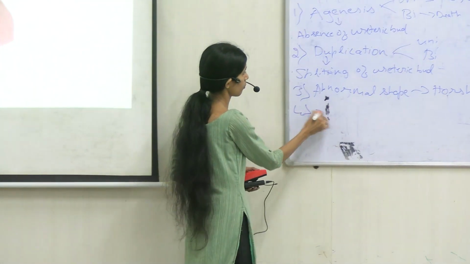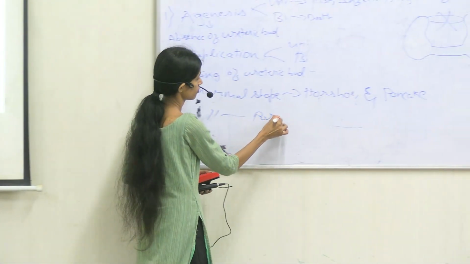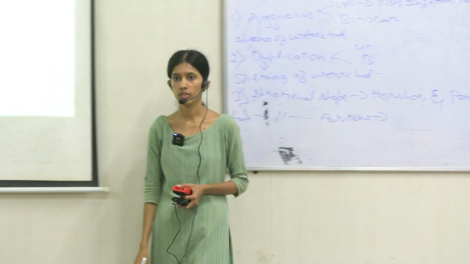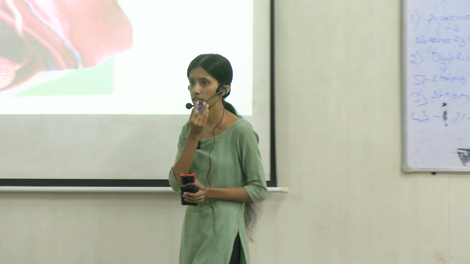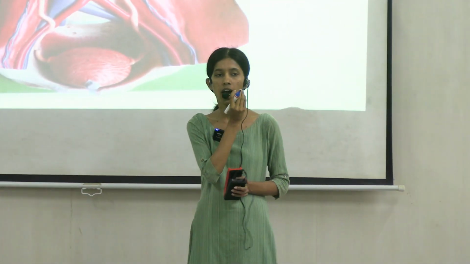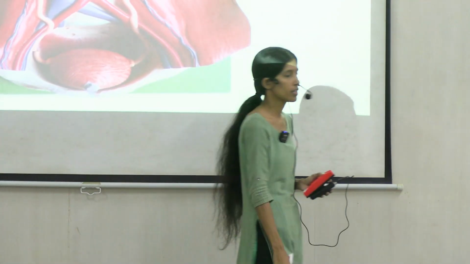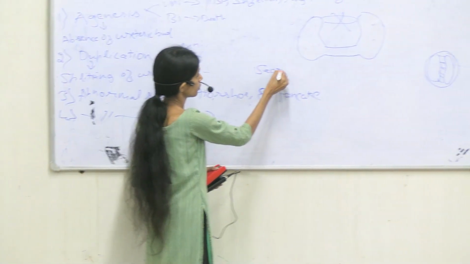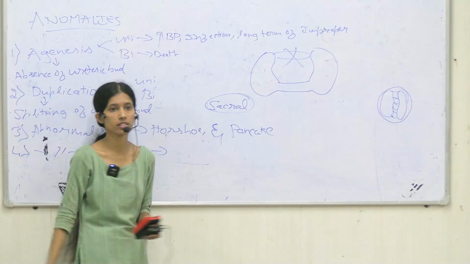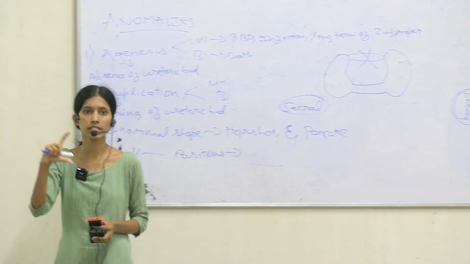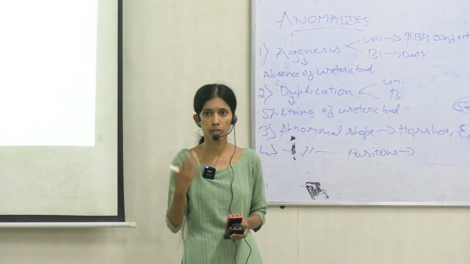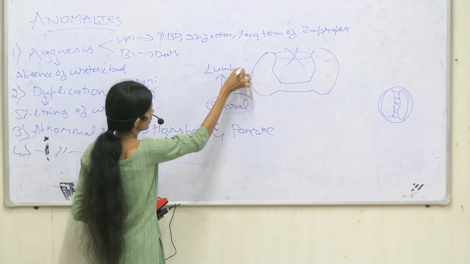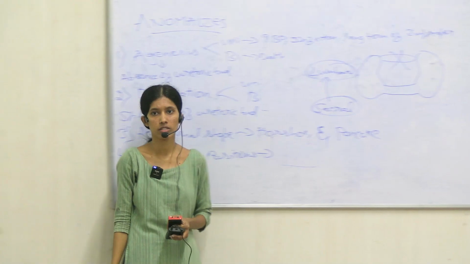The next one is abnormality in positions. In the previous class itself, I have discussed the ascent of the kidney. That means during the developmental stage, your kidney is present in the sacral position. That is, the metanephric ducts are present in the sacral region. As the person grows, your kidney will move from sacral to lumbar. That is the adult position of the kidney.